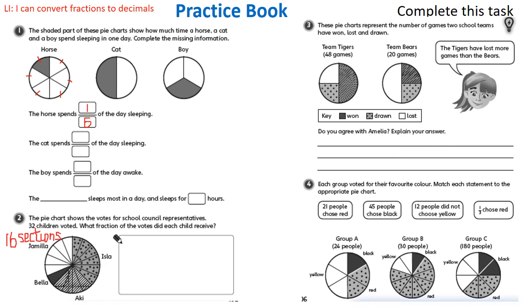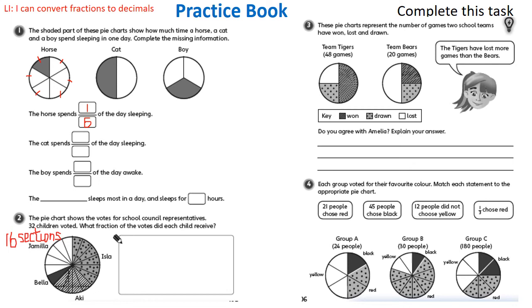Question 2. The pie chart shows the votes for school council representatives. 32 children voted. What fraction of the votes did each child get? So first of all, I counted how many sections there were. There were 16 sections.